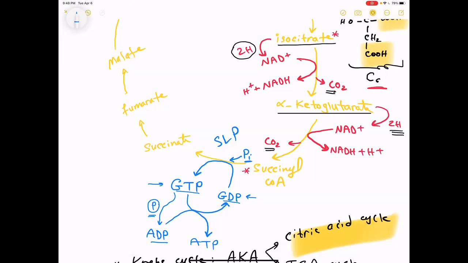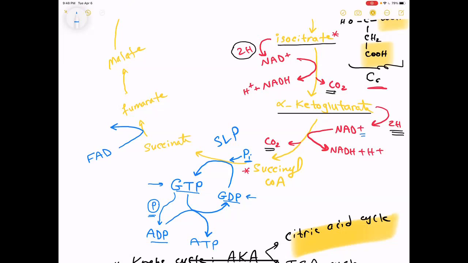From succinate to fumarate. Succinate to fumarate. You have another coenzyme that I did not mention before. This is the very first sign. It's FAD, and I will tell you what it is, but no plus sign, unlike NAD plus.